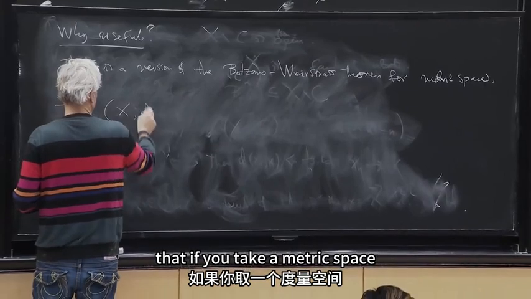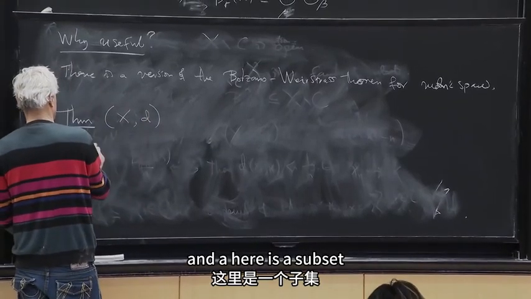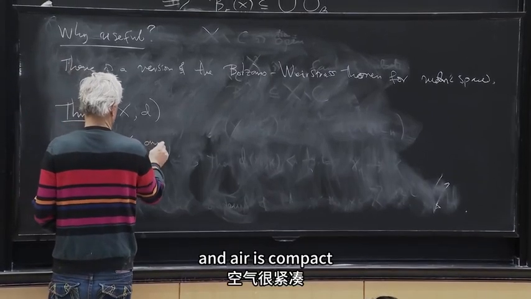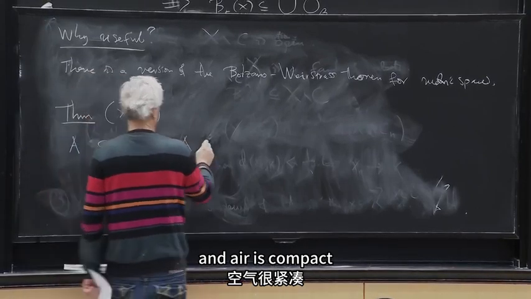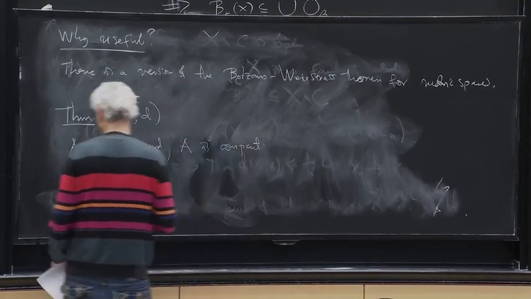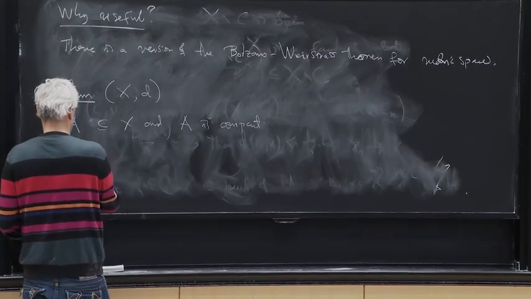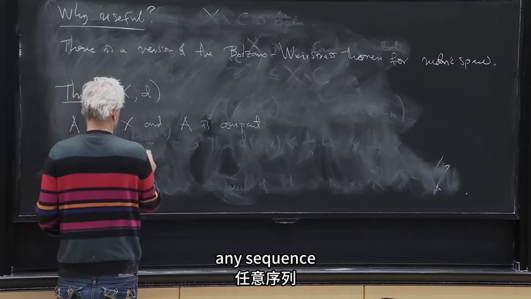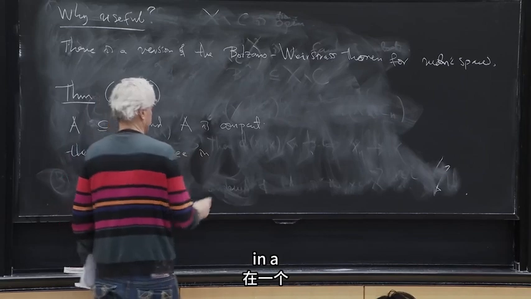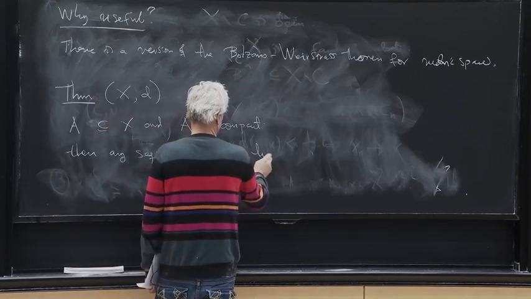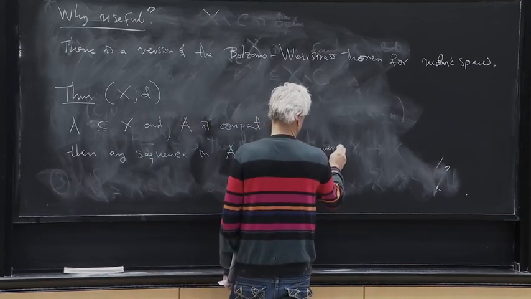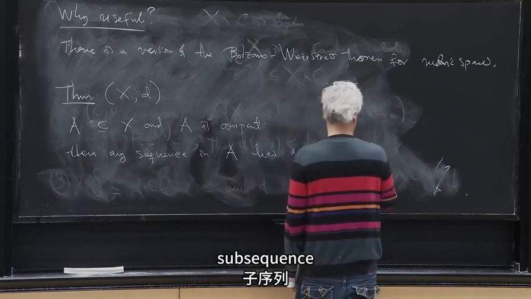If you take a metric space and A is a subset, and A is compact, then any sequence in A has a convergent subsequence.